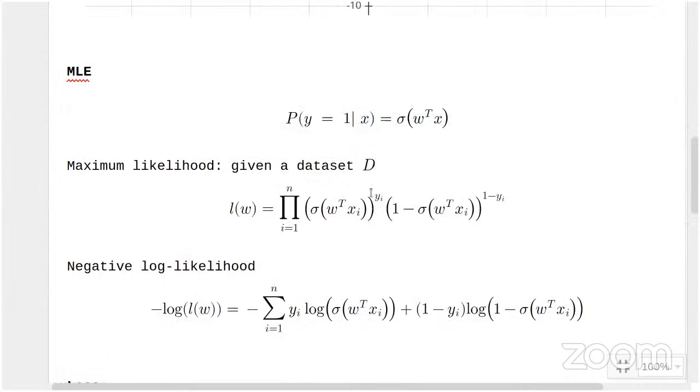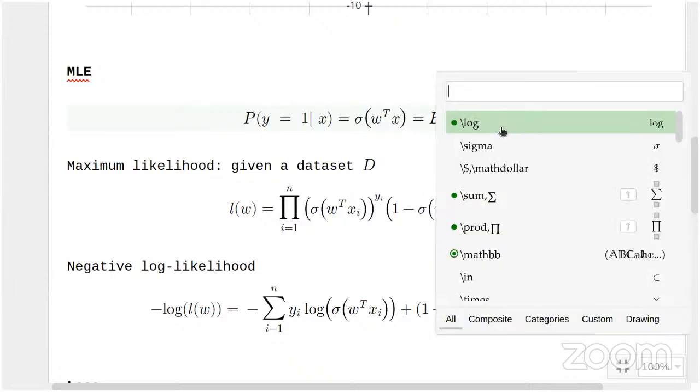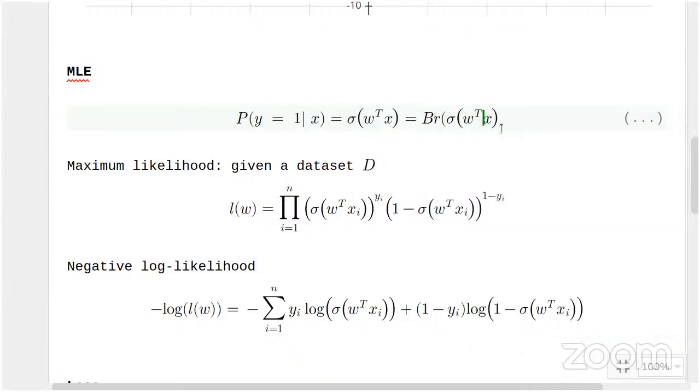If you remember, I think you did it in stats too. So if you're given a data set D of say n samples, assume that each one of these samples is being drawn from some probability distribution given by this P of y equal to 1. This is a Bernoulli distribution with sigma of W transpose X as the parameter.